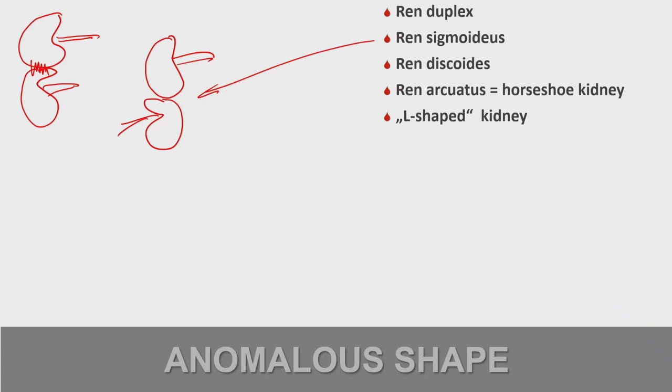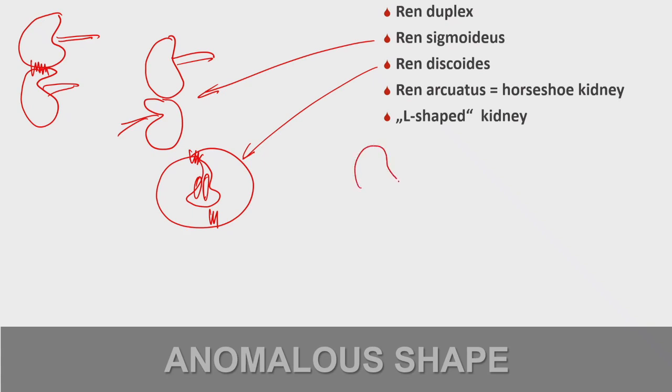Sometimes kidneys in a midline could be fused, and they could have the fusion of upper and lower poles, and in the middle we have two hilar structures. This is called rendiscoides. Then we know the horseshoe kidney.